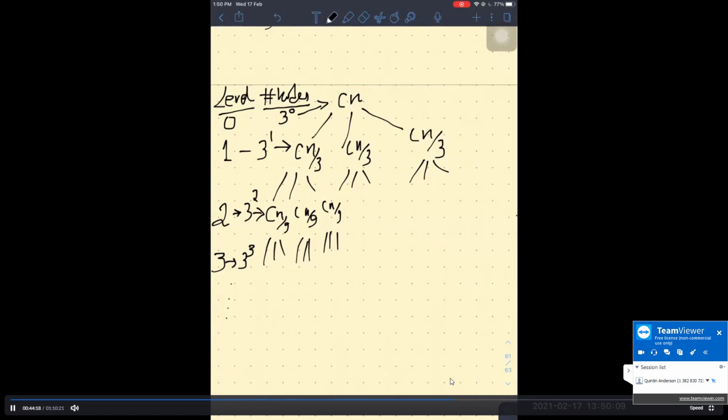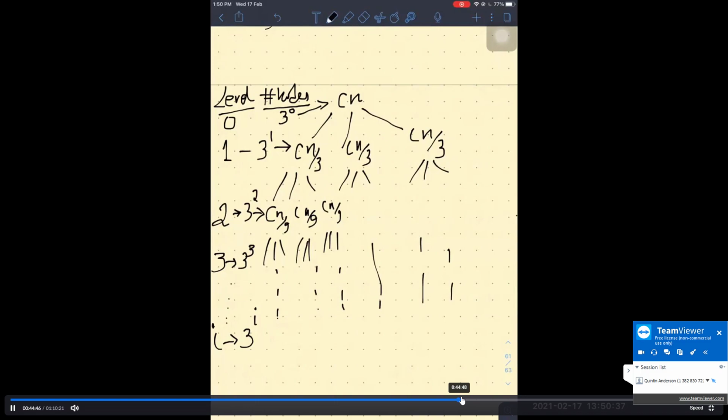And in this way, for the general case, we'll consider for the ith level, we will get 3 to the power i nodes. Is it clear how we are getting this 3 to the power i at the ith level? Yes. Okay.